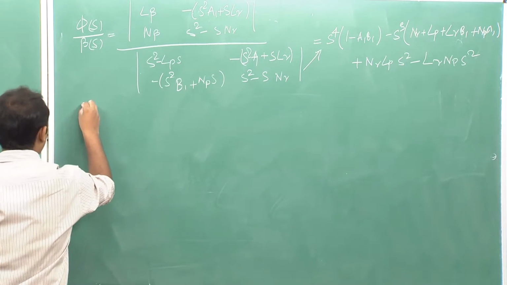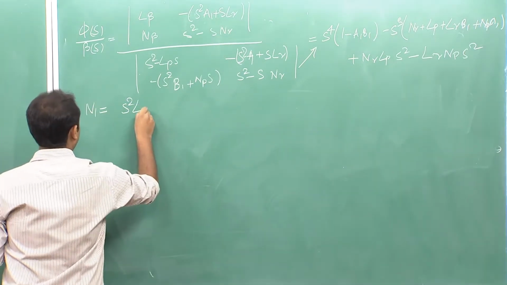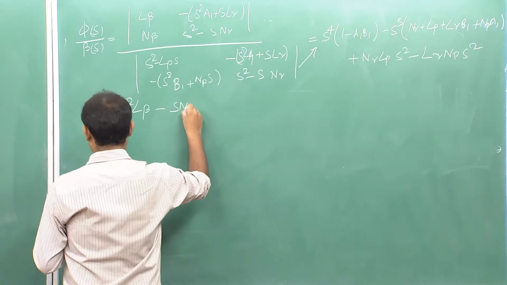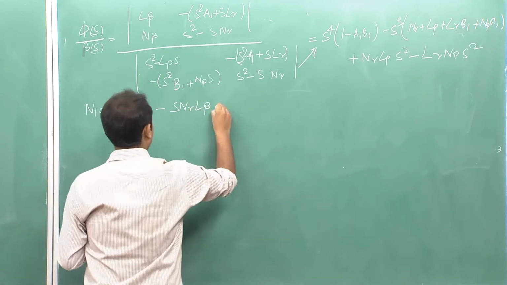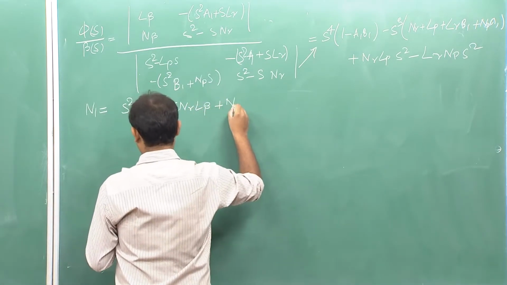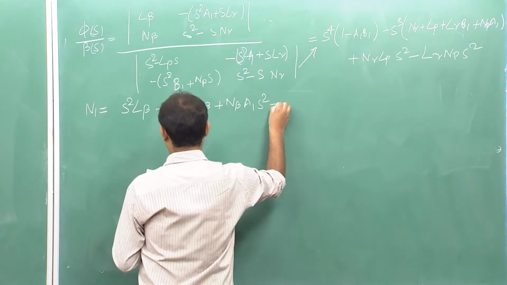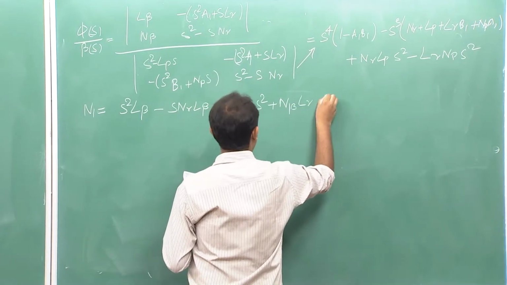The numerator will be N1 s square L beta minus s N r L beta plus N beta A1 s square plus N beta L r s.